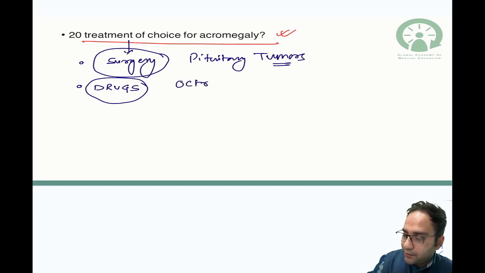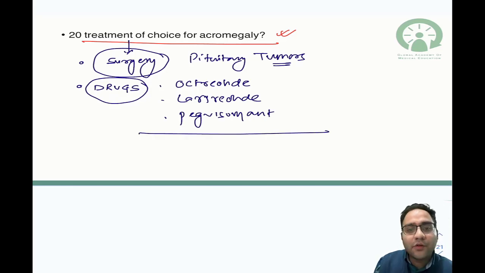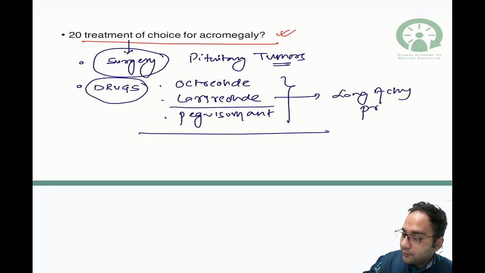So you can have either octreotide, lanreotide, or pegvisomant as your options, right? If you have all three as your options, you have to go for the option that is a long-acting preparation. The long-acting preparation would be your answer.